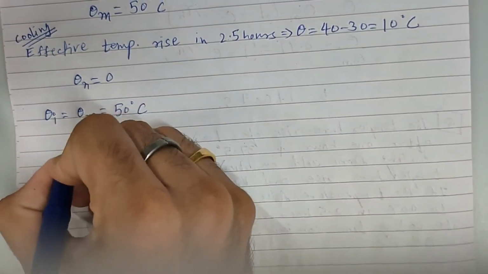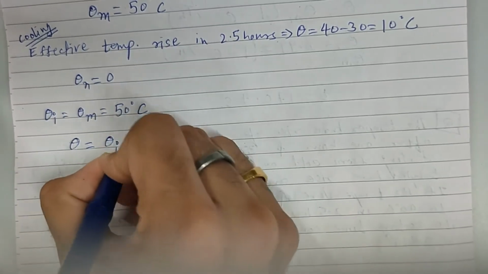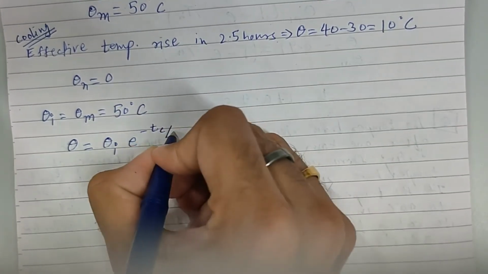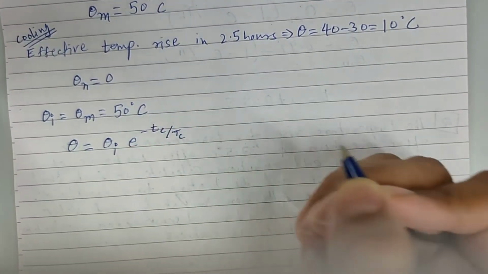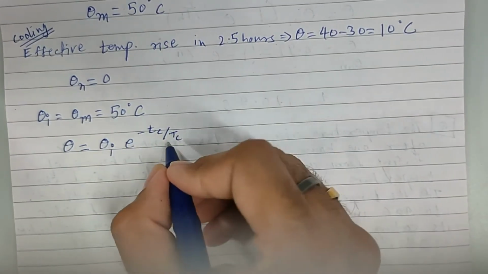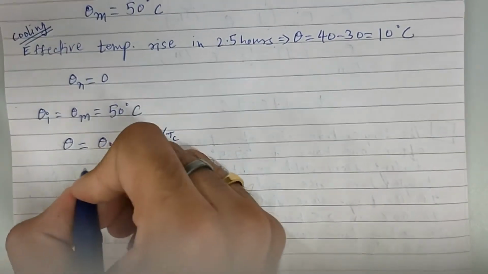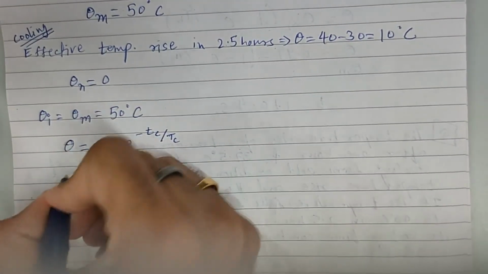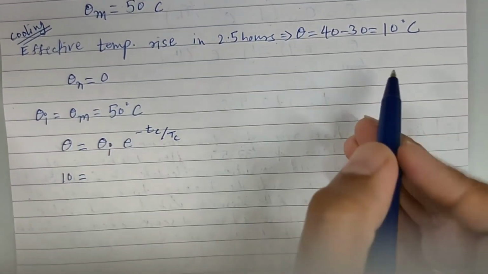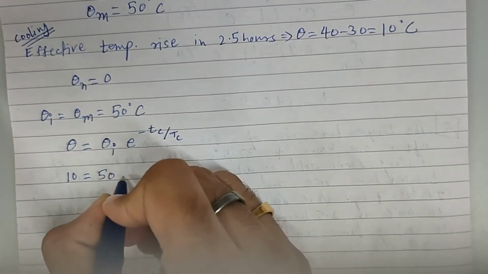So I can take from the equation theta is equal to theta I into e raised to minus small t upon capital Tc, where small t is the cooling time and capital Tc is the cooling time constant. My theta is nothing but the temperature rise, that is 10 degree, as we have seen here. My theta I is nothing but 50 degree.